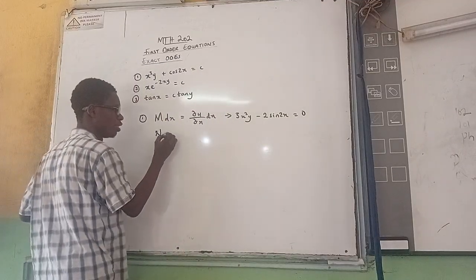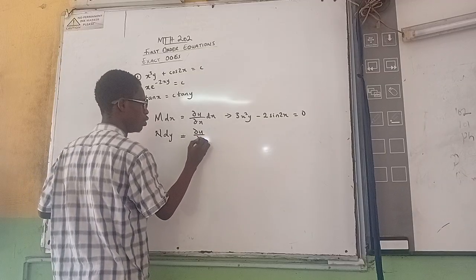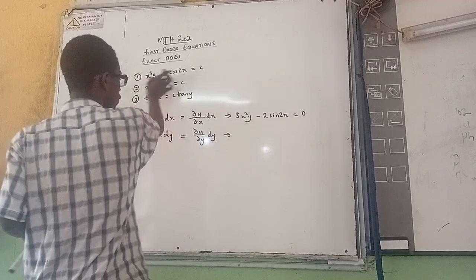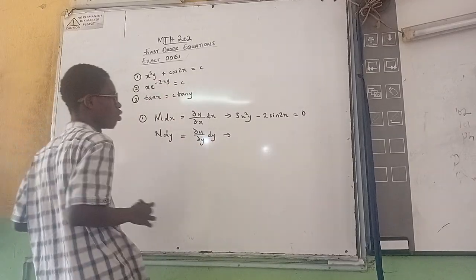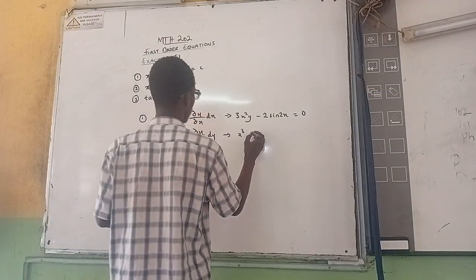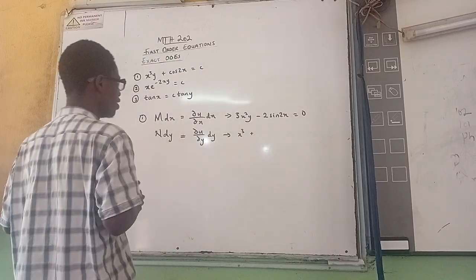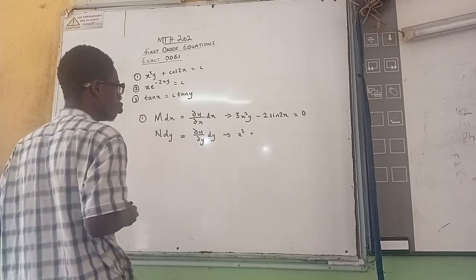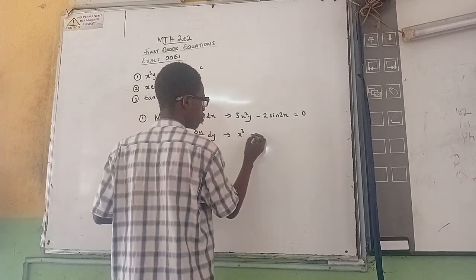Now let's write out N dy, which is du by dy. We differentiate the same equation with respect to y, so x cubed is the only term left, equals x cubed plus 0, since the cos 2x term is a function of x only and does not change with y. So x cubed equals the differential of the constant, 0.